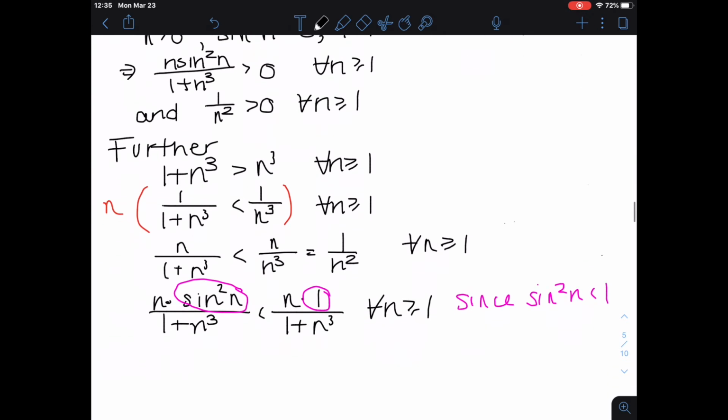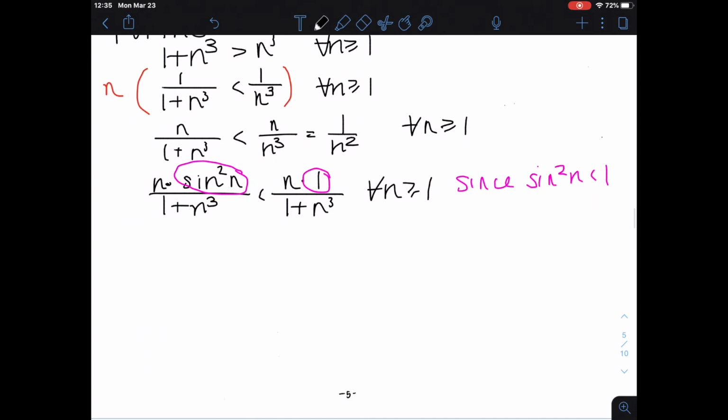So basically, the terms in our series are going to be smaller than the terms in the p-series.